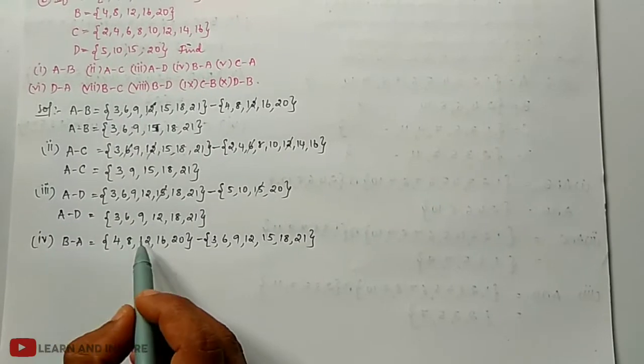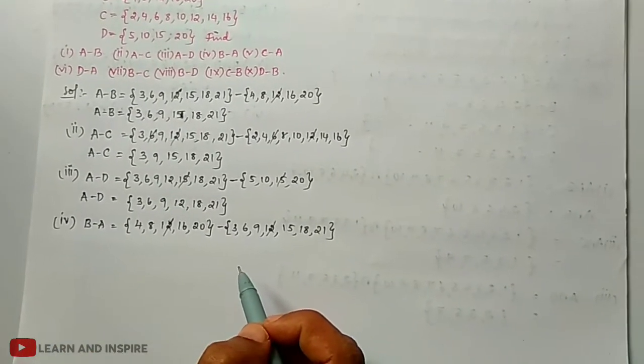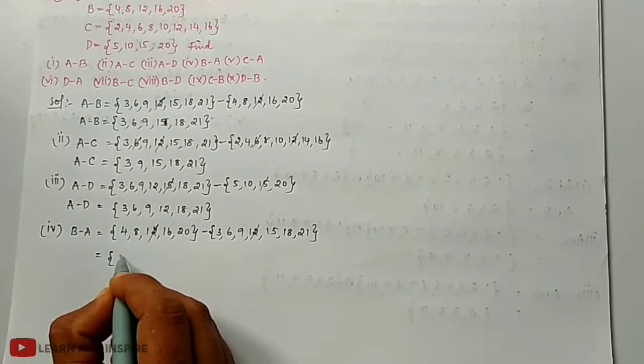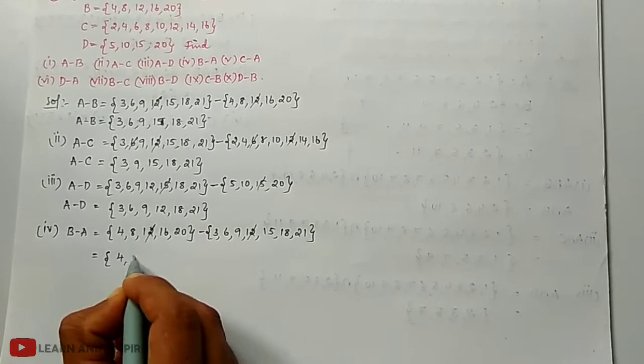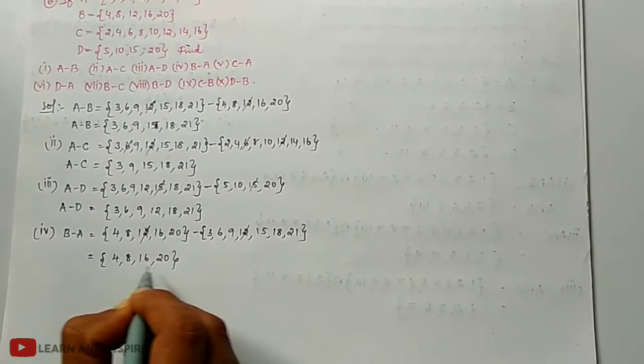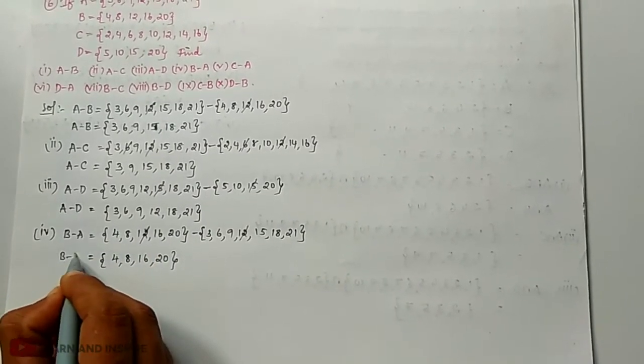So what are the common elements? 12, 12. So only one element we can cancel from both the sets. Now the elements present in the first set, the remaining elements, are 4, 8, 16, 20. So this is B minus A.